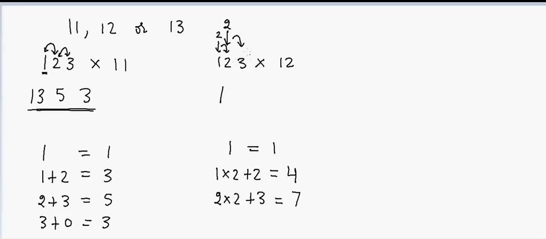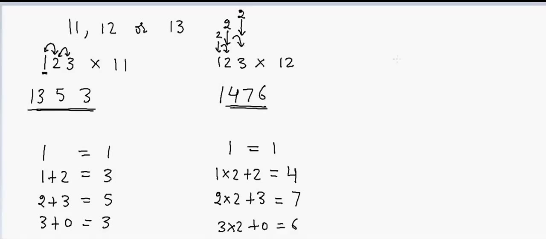And then for the last digit, I'll multiply the last digit by 2. So 3 into 2 plus 0 will be equal to 6. So the answer will be equal to 1476. So basically I am multiplying each digit by 2 and then adding the next digit into it.